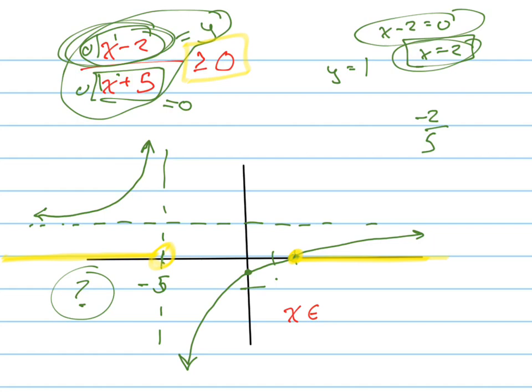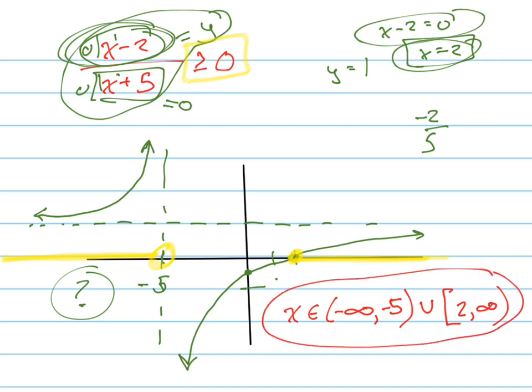X is an element of negative infinity to negative 5, not including it, union positive 2. Am I including positive 2? Yes, so I have to make that a closed bracket. Positive 2 to infinity. And those are all the places where that graph is positive.